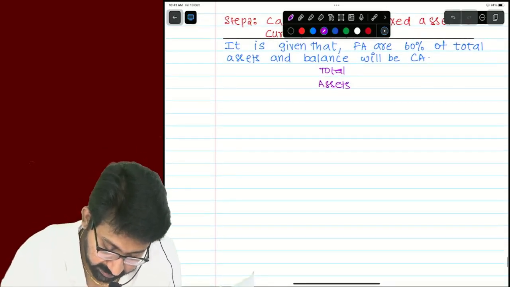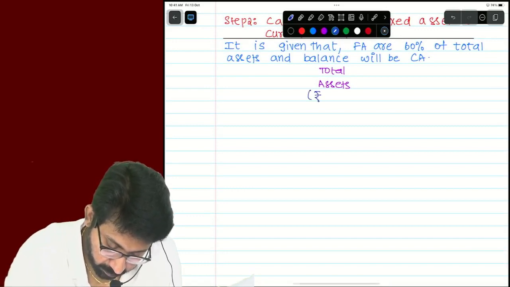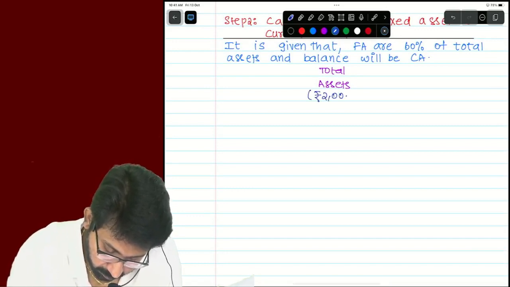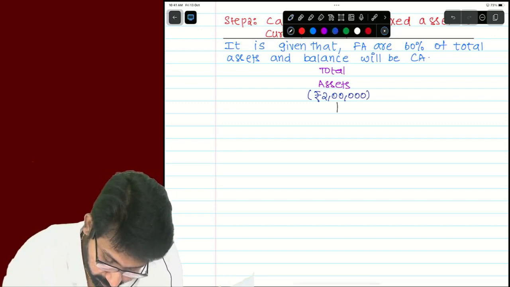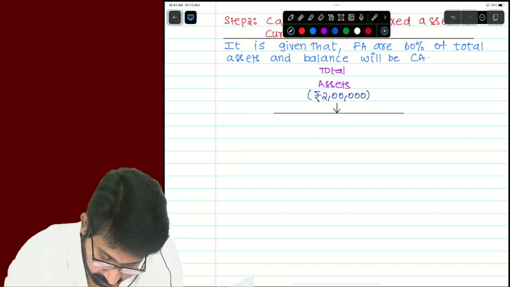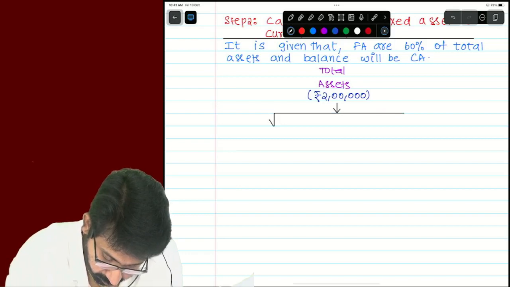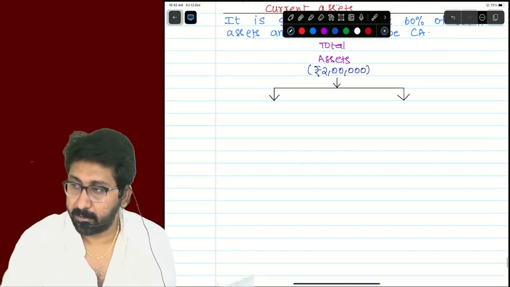So total assets, two lakhs, will be broken into two parts.